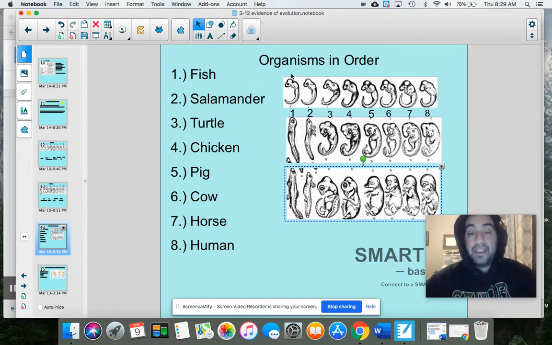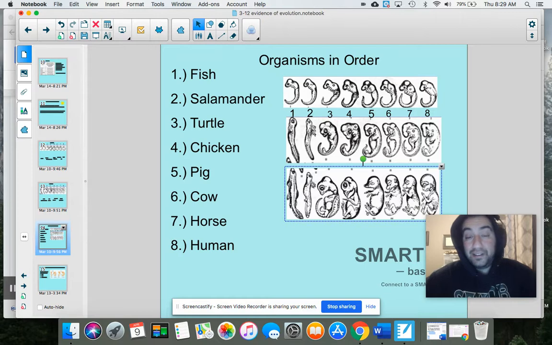So take a look at number 1, and let's compare number 1 to number 4, a chicken. You could hardly tell the difference between what an embryo of a fish compared to a chicken looks like. Very similar.